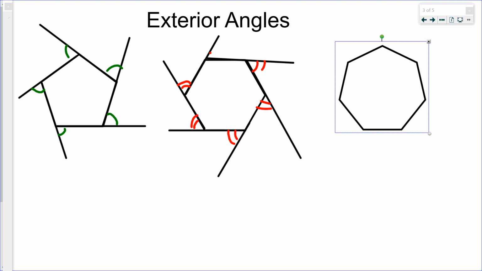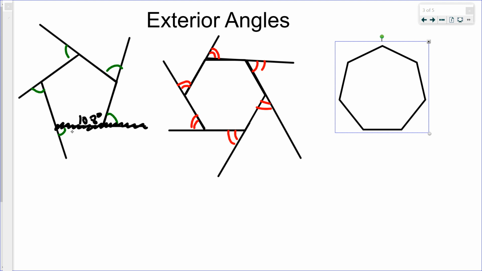And we want to think about how big they are. So I'm going to give you a couple strategies and you can pick what you'd like. And we're going to think about or use what we did before. If I know a pentagon had an interior angle of 108 degrees, well, think about the relationship here.